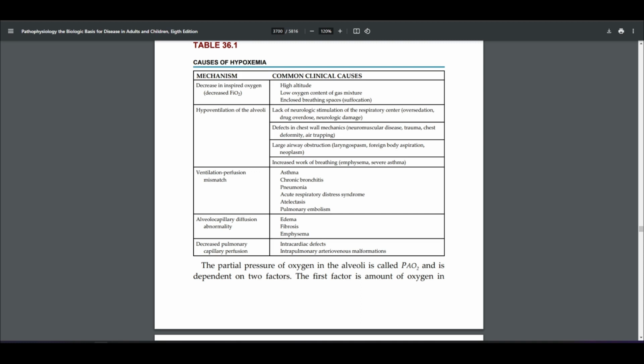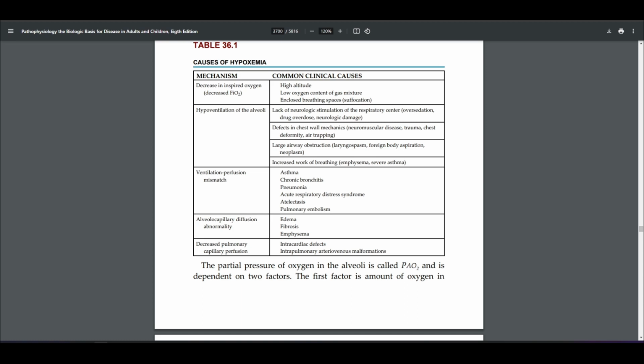So if, for instance, the mechanism is a decrease in inspired oxygen, it could be due to the fact that you're sitting at high altitude, standing on Mount Everest without an oxygen tank, low oxygen content of gas mixture, or enclosed breathing spaces, such as suffocation. Hypoventilation of the alveoli: lack of neurologic stimulation of the respiratory center, so oversedation, drug overdose, neurologic damage.